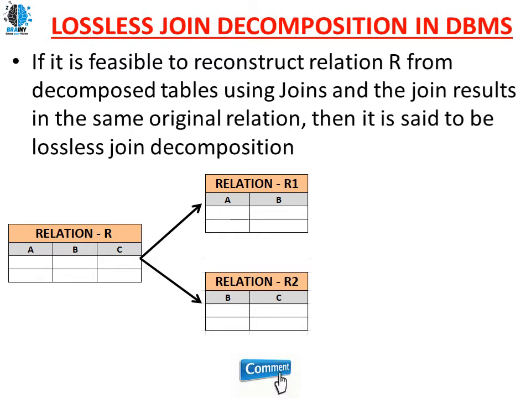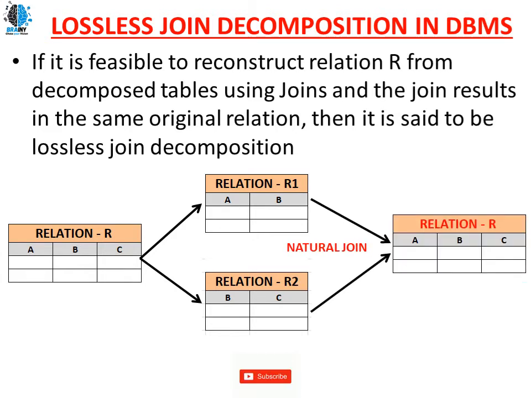If it is feasible to reconstruct, which means I have two tables here, R1 and R2, and if I again join these two with the help of a natural join, I should get the same relation R. So this relation R should be equal to the original relation R. If it is so, then we can say it is a lossless joint decomposition in database management system.